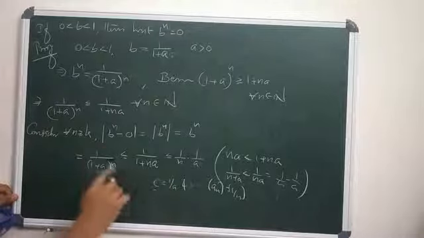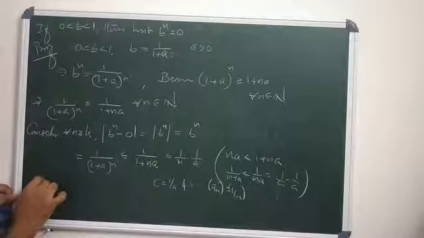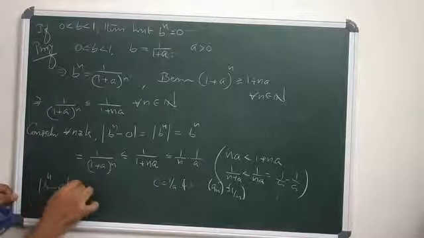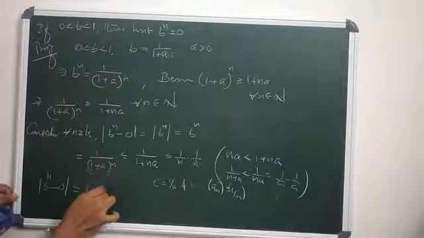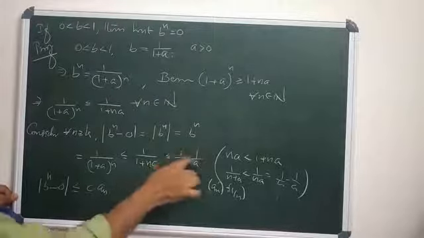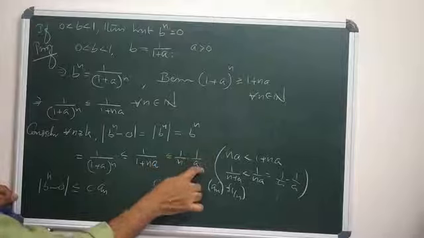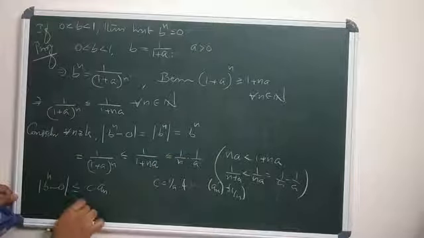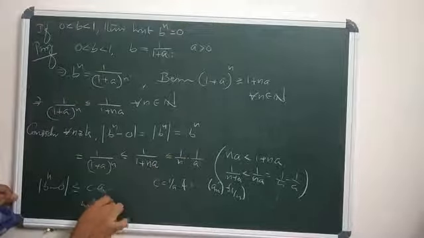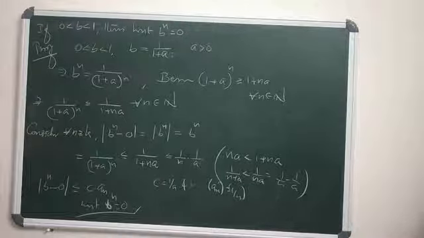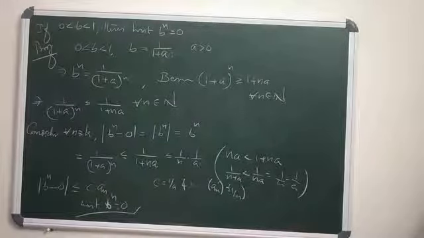So according to that argument, we have |b^n - 0| is less than or equal to C times a_n, where a_n is 1/n and C is 1/a. Then according to that theorem, limit x_n equals x, that means limit b^n equals 0. This is proved with the help of the well-known theorem. Okay, so that's our requirement.